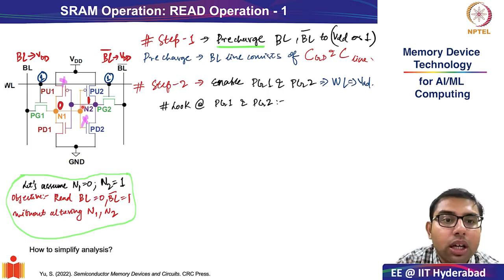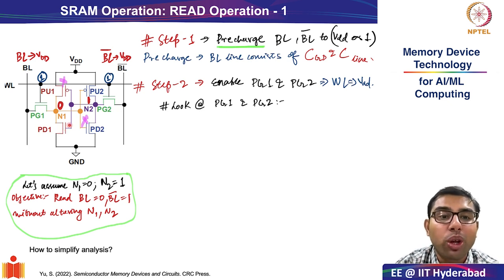Why is this the case? This is because look at first inverter 1. Look at the pull-up 1 and pull-down transistor. What is it connected to? It is connected to storage node 2. The value at storage node 2 is 1.